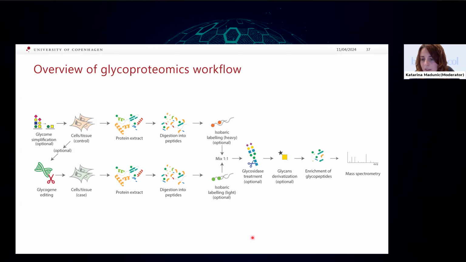Let's start with a question: can you use a variation of this approach to look at glycosylation patterns in, for example, healthy and diseased cell lines? Absolutely, that's a very important point.